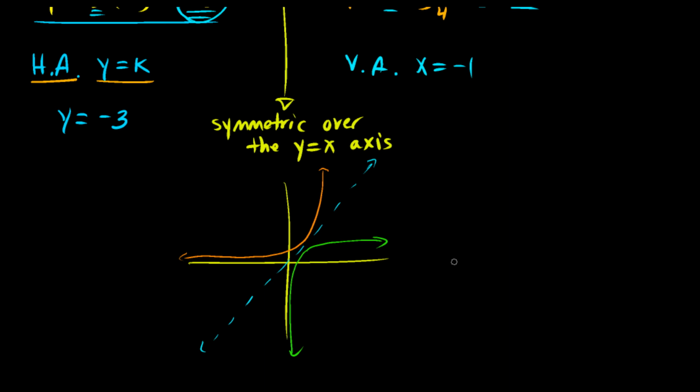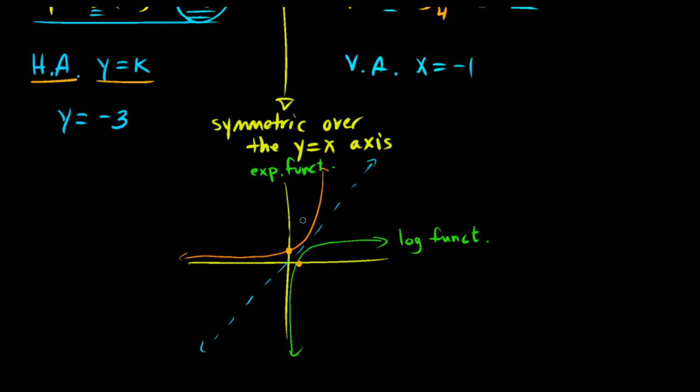And you can see, so this would be the log function, this would be the exponential function. So you could see that there's symmetry between the exponential function and the logarithmic function.